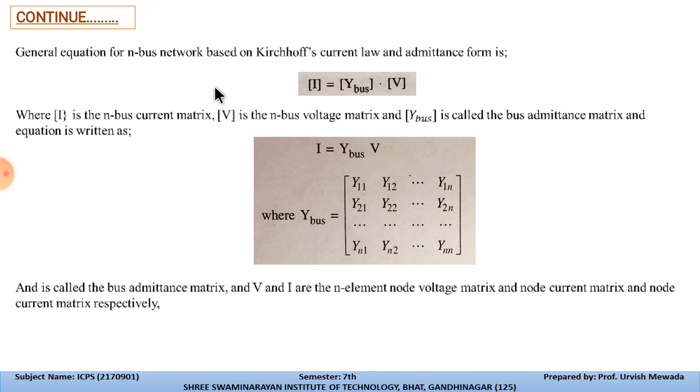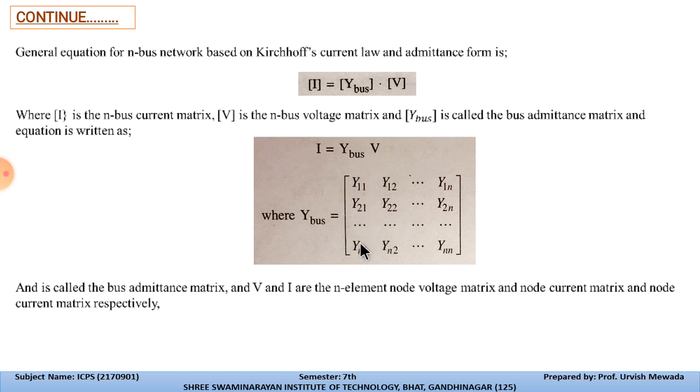Here I is the n bus current matrix, V is the n bus voltage matrix, and Y bus is called the bus admittance matrix, because we consider this formula for the nth number of buses and links. So I is equal to Y bus into V, where Y bus is Y11, Y12 to Y1n, because we have nth number of links connected with bus number 1, or node number 1.